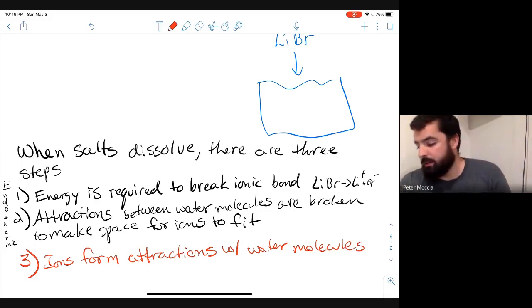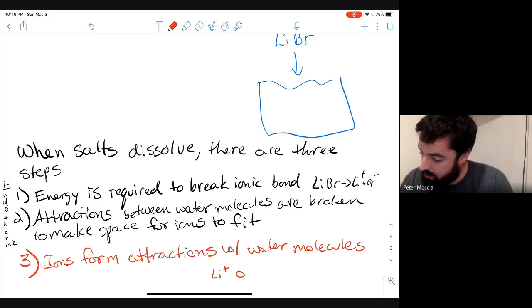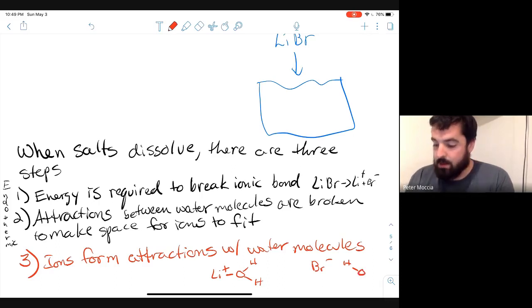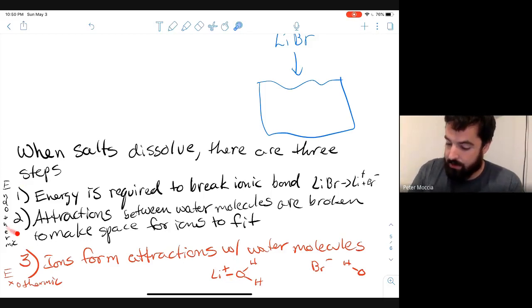In this third step, the Li is going to be attracted to the negative part of the water, and the Br is going to be attracted to the positive part of the water. So this part is exothermic because there is an attraction being formed. In these first two steps, attractions or bonds are being broken.